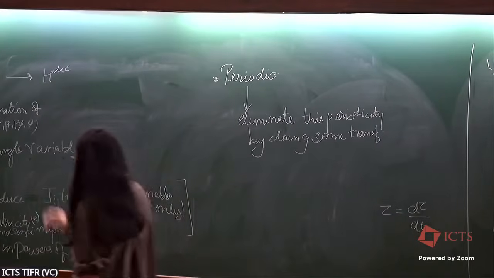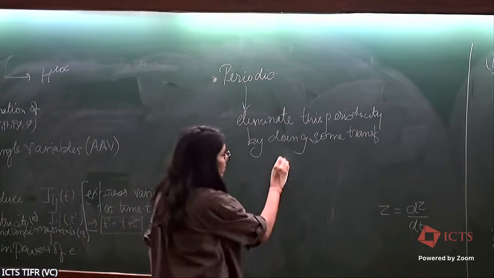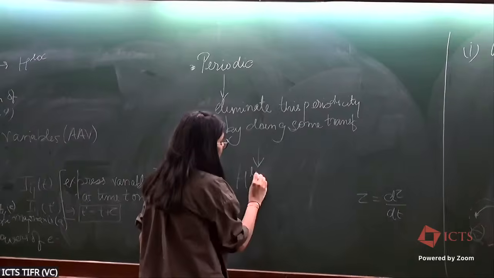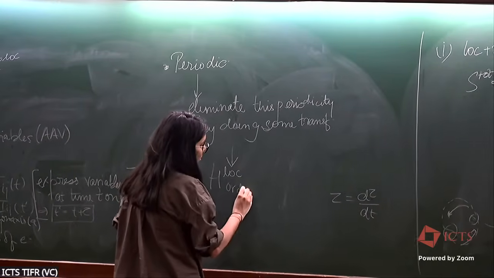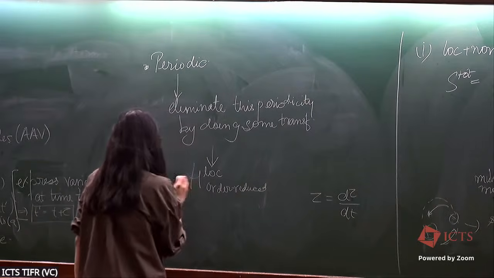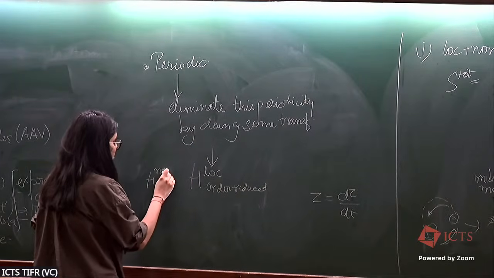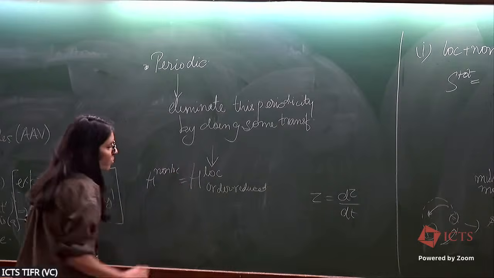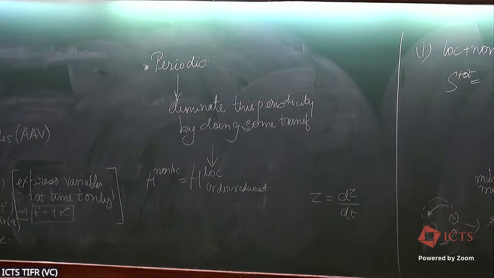So from the real side, I have obtained the H local, which is order reduced now, from the H non-local. I can play the same game on the H hat effective, the H effective side.